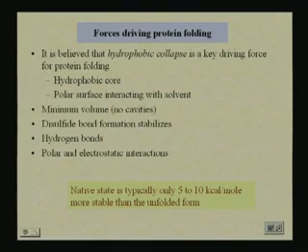So initially you are going to have a collapse. The polar surface is going to interact with the solvent, and we are going to have gradual formation of the alpha helices. There may be another case where the alpha helices are formed first. So there would be local interactions first, followed by gradual collapsing of the overall structure.